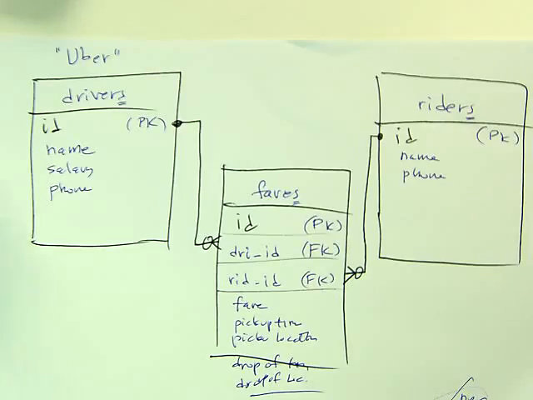So divide up into groups of 3 and try to make 5 applications, not Uber and not Airbnb, but come up with your own applications in 3 tables. It's not as easy as you might think. It's going to take a few minutes to do this. But it's very helpful because if you don't understand this concept, everything else is really, you're explaining stuff 3 weeks later that you really want people to know right away. So I don't want you to leave this room today without being clear on this design.